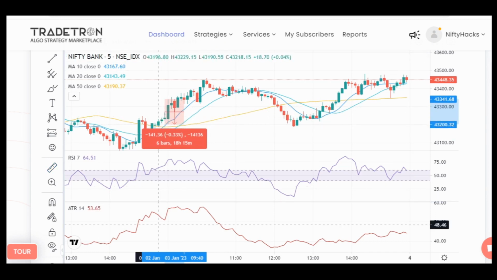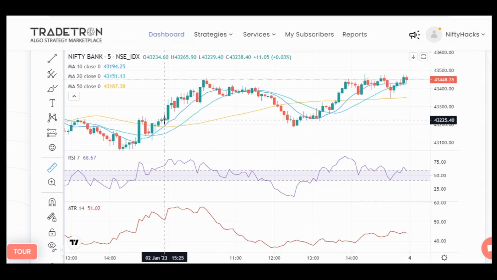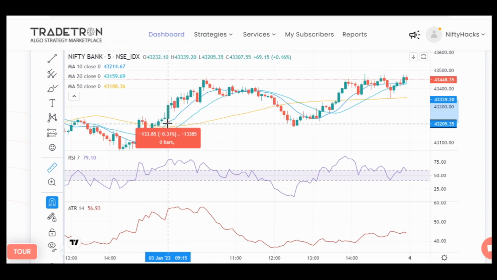So 56 into 2.3. It seems like some mistake. Let me turn magnet mode on and calculate exact points. So exactly it is a 133.85 range, and the ATR value is exactly 56.93.